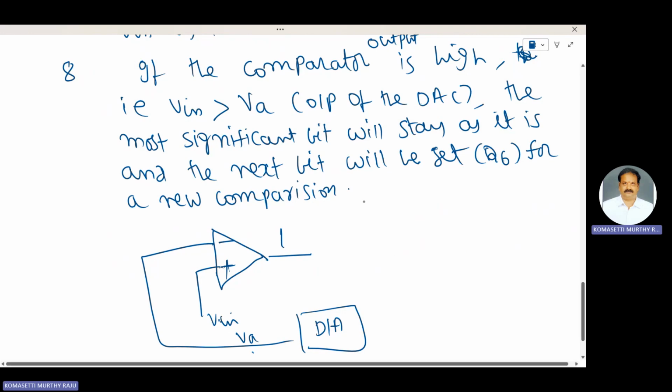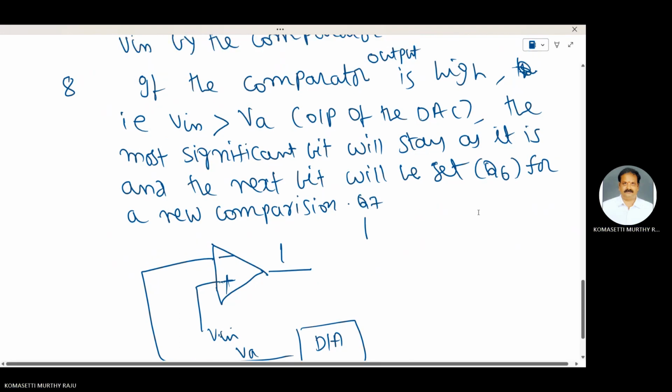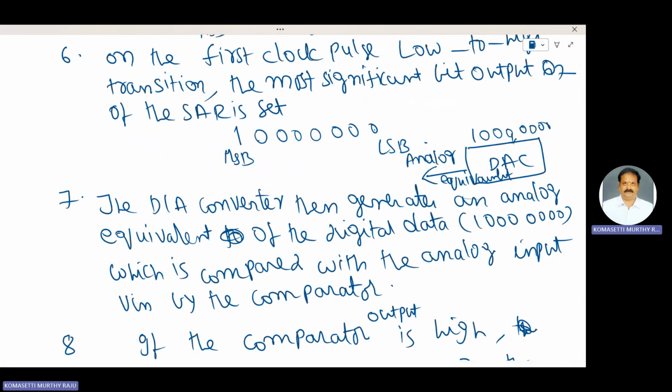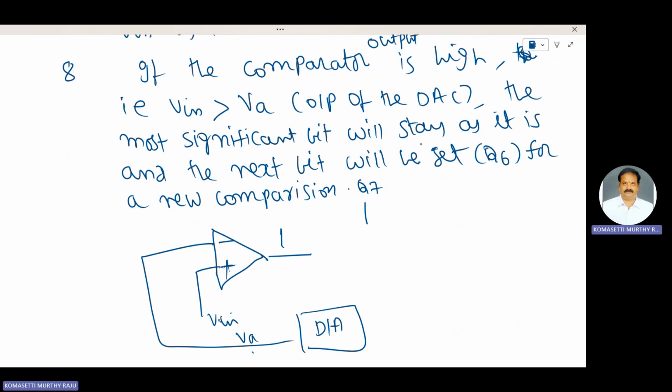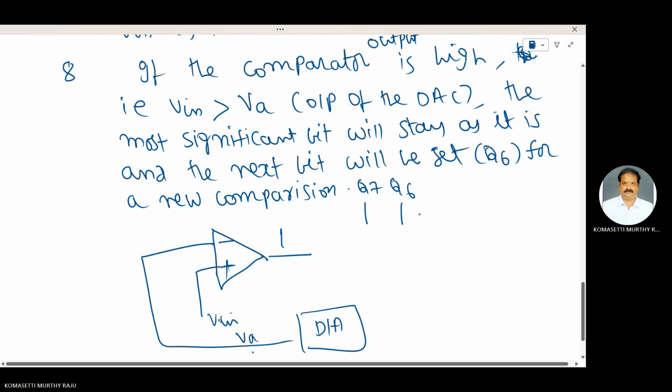Already Q7 is 1, and the next bit Q6 will be set to 1 for a new comparison.